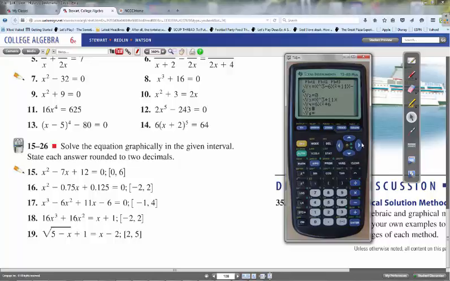I can just plug the left side into y1, so 16x cubed plus 16x squared, and then the right side into y2, so x plus 1. I'll zoom in a little on that, but you can kind of already see pretty easily where they cross.